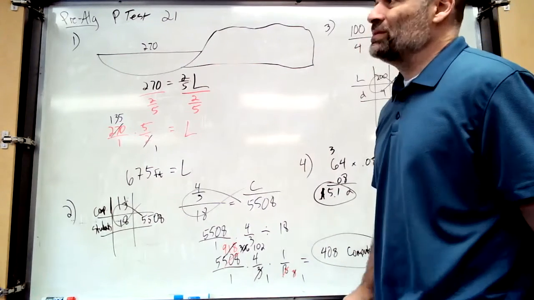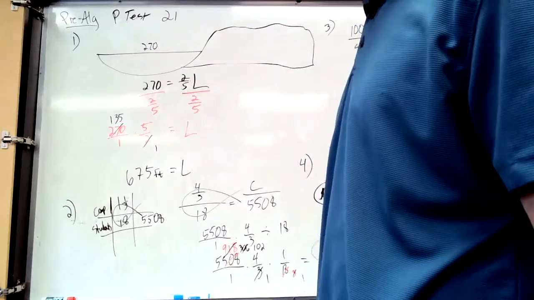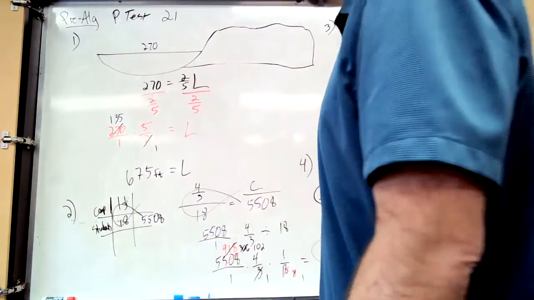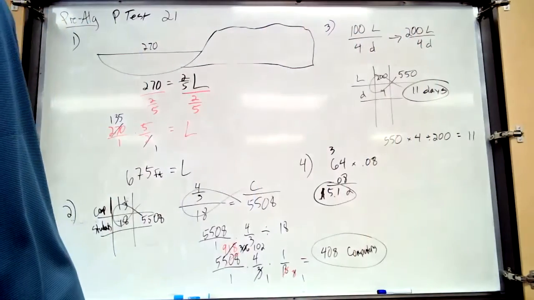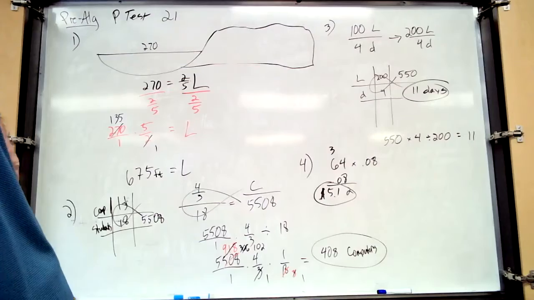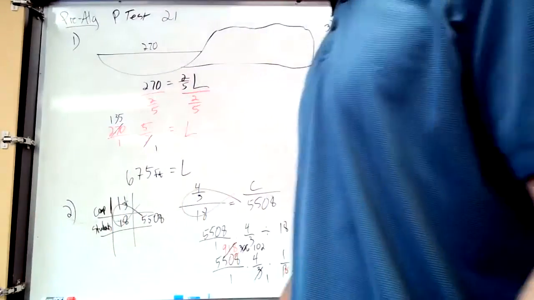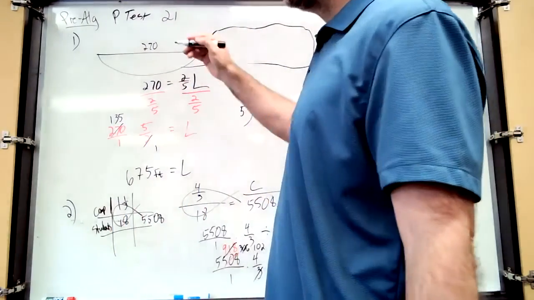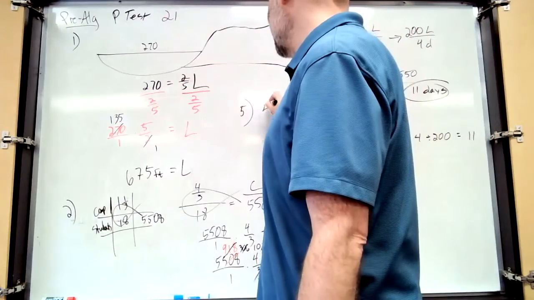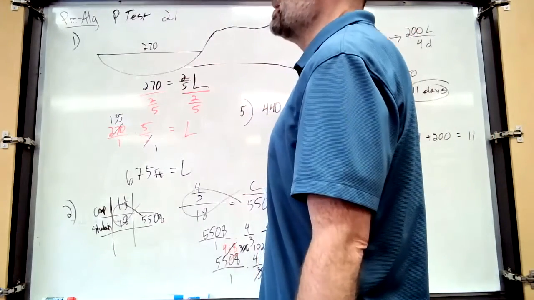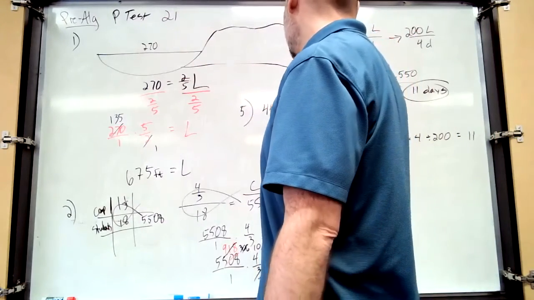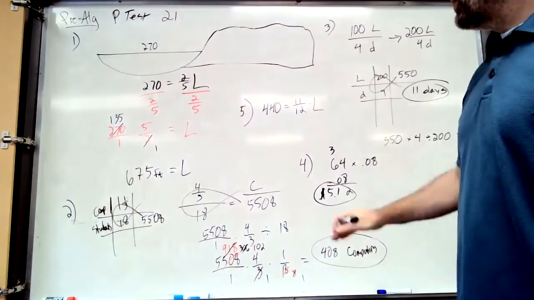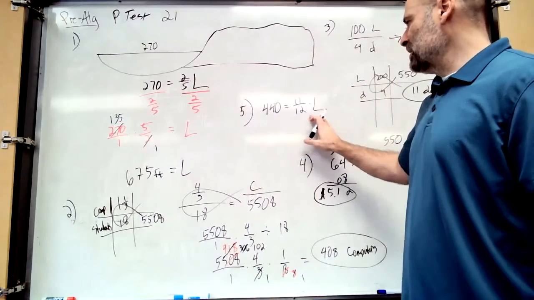All right, number 5 looks like a repeat of number 1. So I'm not going to do number 5. All right, this is the exact same thing. So your equation for number 5 would be the top walking deck is 440. This is 11/12 of the length of the ship. So you're just going to divide by 11/12.